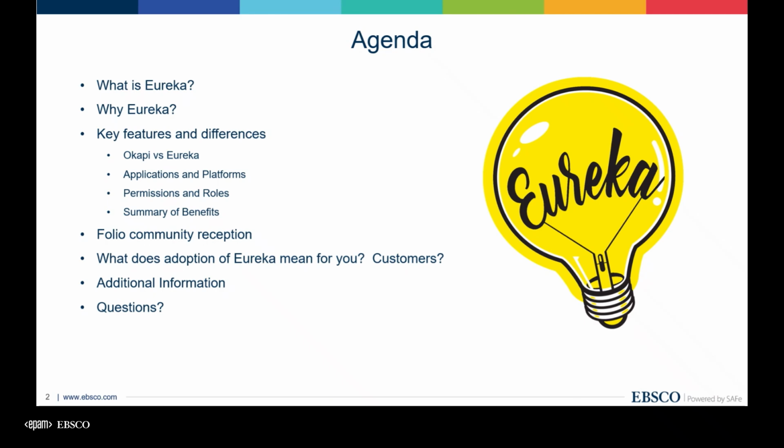And then finally, maybe the most important or interesting part is what does this all mean for you? What does Eureka mean for you as a customer, as a system administrator, et cetera? And then finally, we'll wrap things up with a list of links to additional information, presentations, wiki pages, et cetera, as well as some information on how to reach out if you have questions.